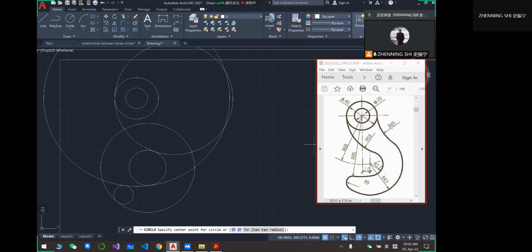So the auxiliary circle is 45 plus 43, which is 88. And for 88 you can find where the auxiliary circle center is, because this circle is circumscribed with this one, and this one is given, so you have to use this center as the auxiliary circle center.